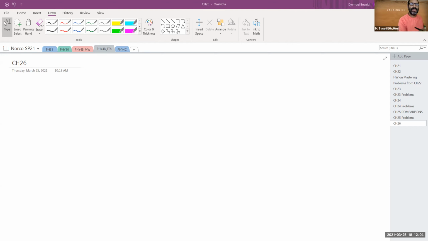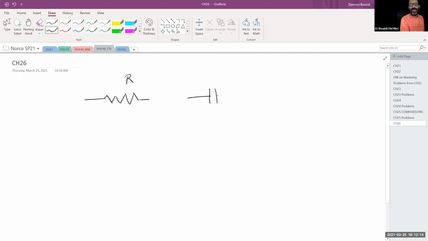We have already discussed some components, and we have quite a few things to do with circuits. We have introduced the resistor in this chapter, chapter 25, that is. We also discovered the capacitor from before. We also discovered the battery, which is usually represented by its electromotive force.